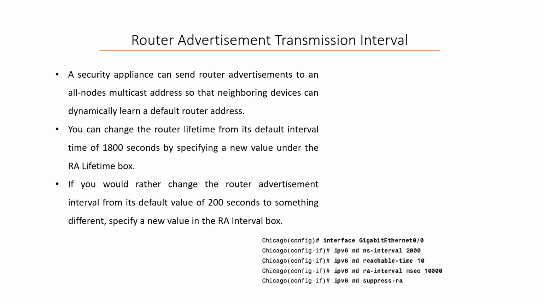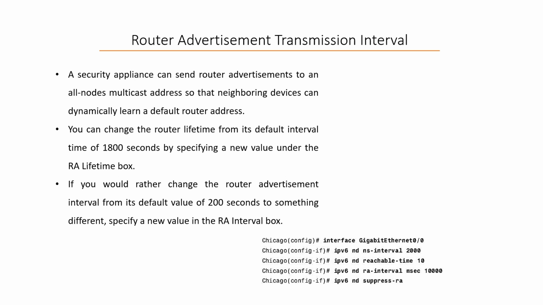You can change the router lifetime from its default of 1800 seconds by specifying a new value under the RA lifetime box. Router advertisement messages use ICMP version 6 type 134 and are periodically sent out to all the IP version 6 enabled interfaces.